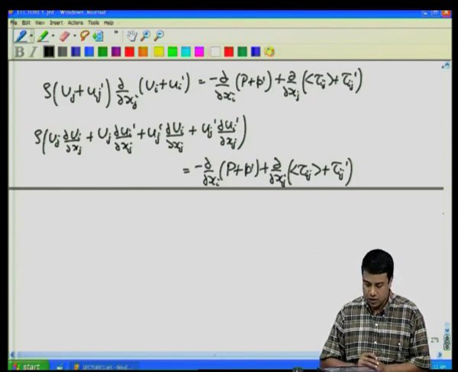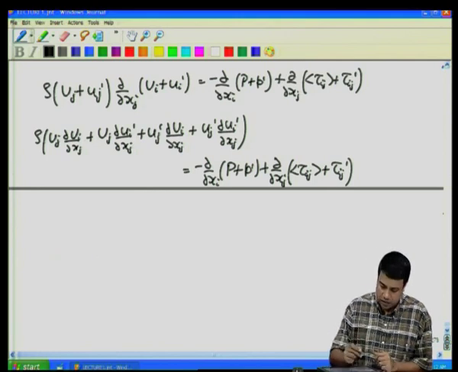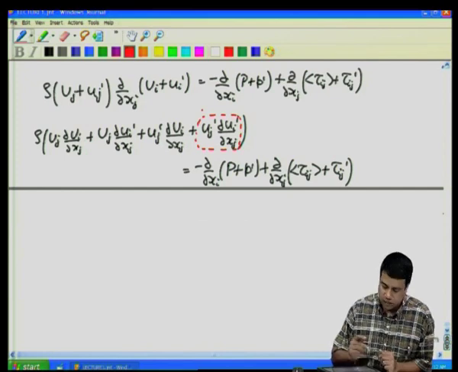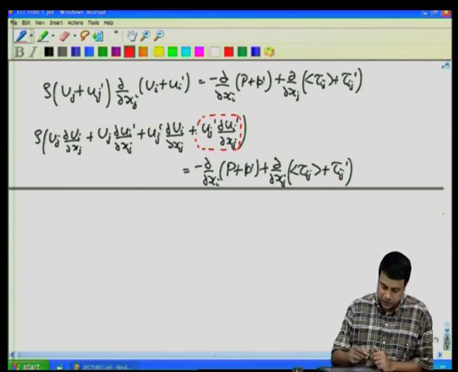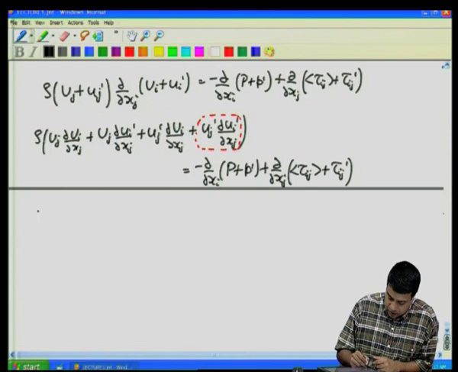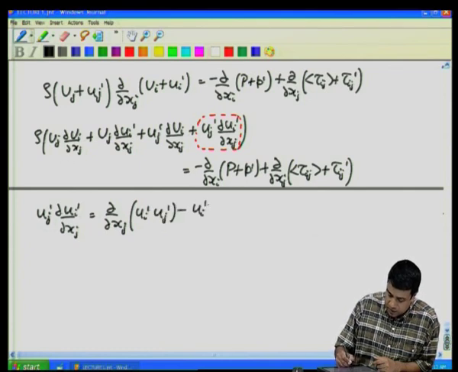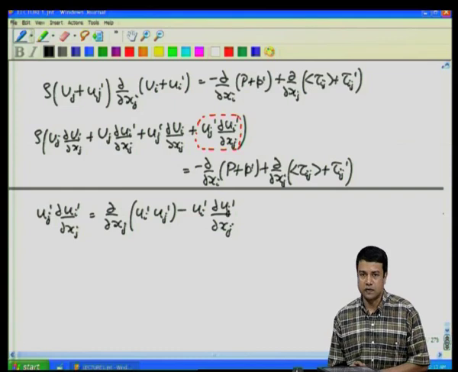Okay. But before that, let us just briefly rewrite this term in a form that will turn out to be more convenient later on. I can write uj prime partial ui prime by partial xj is equal to partial by partial xj of ui prime uj prime minus ui prime partial uj prime by partial xj, just using the chain rule for differentiation.